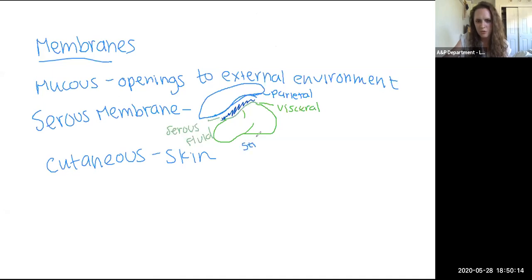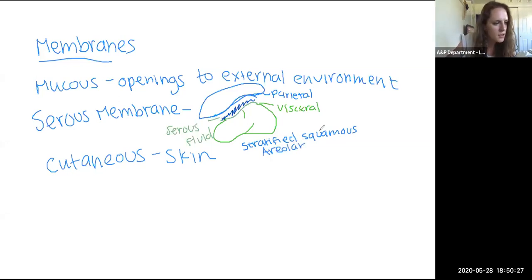You have your stratified squamous. Then you're going to have your areolar right under that. Then you could have fat right here. Sometimes you don't. And then on the bottom, you're going to have your dense irregular.